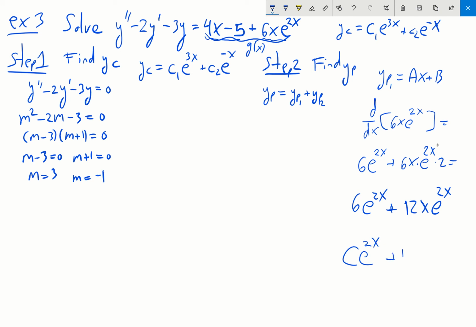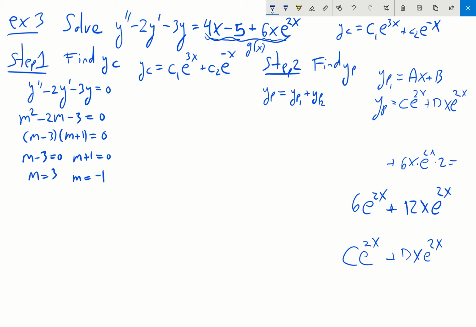And then you would have something else, like d times x e to the 2x. So with that in mind, the second part of our particular solution might contain terms like c e to the 2x plus d x e to the 2x.